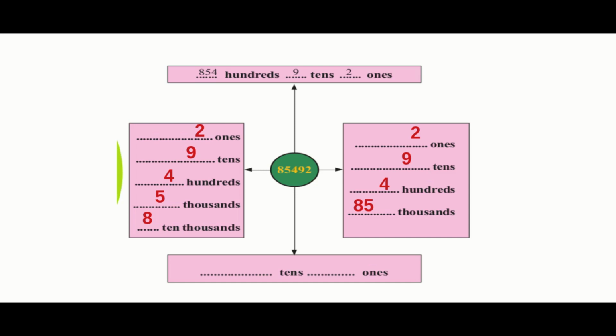Then look at the bottom box: tens. 9 is in the tens place, so 8,549 tens and 2 ones. These are the different ways that we can write 85,492.